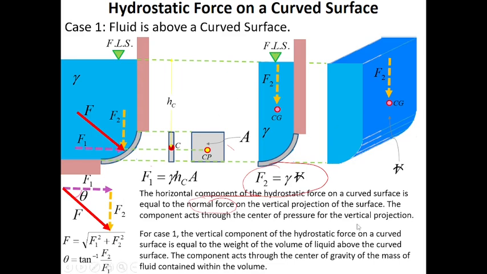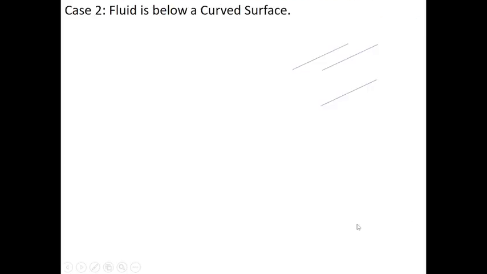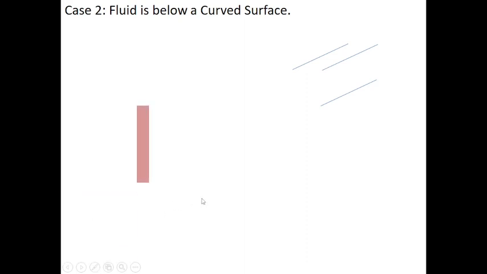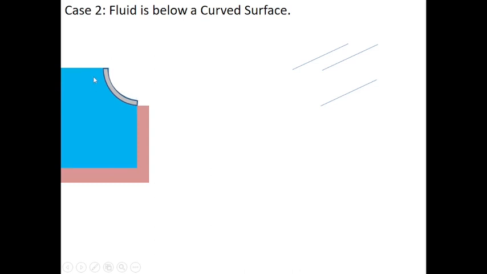So, we now proceed. This is for case number 2. So, for case number 2, fluid is below a curved surface. So, this time, below the curved surface naman. Okay? Sabihin natin, ito yung ating curved surface, and yung fluid is below this curved surface.